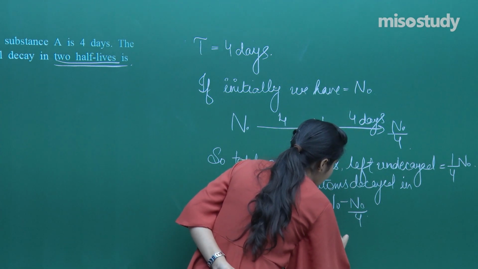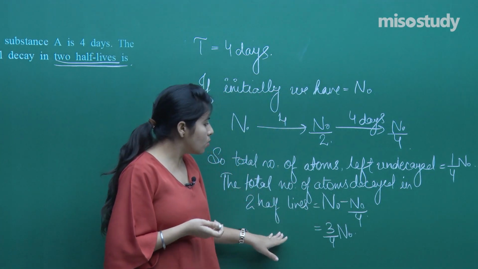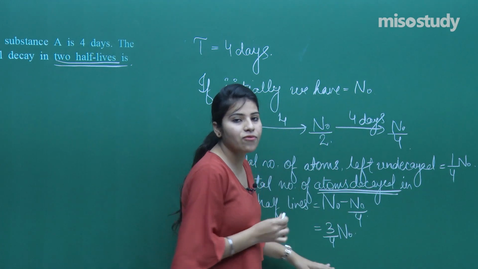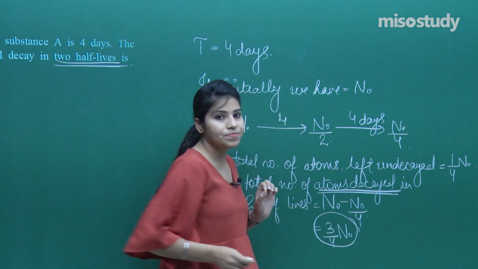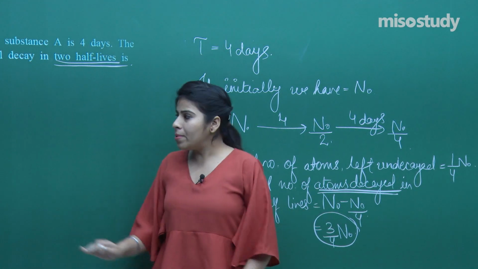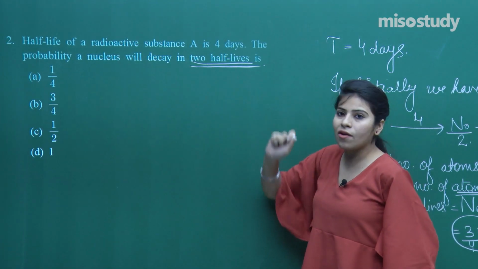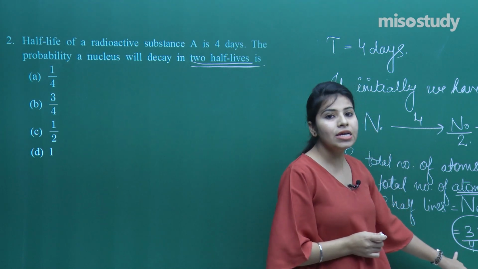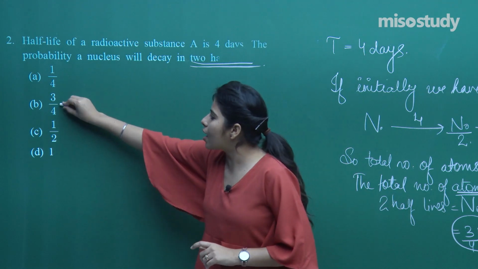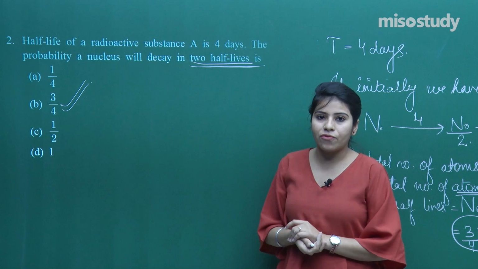That means the number of atoms that has decayed is nothing but 3/4 of the initial number of atoms. So the probability that a nucleus will decay in the 2 half-lives will be nothing but 3/4. Let me just see whether there is any option. Yeah, I can see option number B. So your probability will be 3/4.